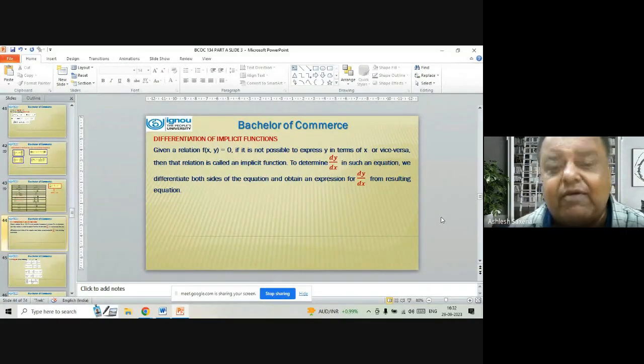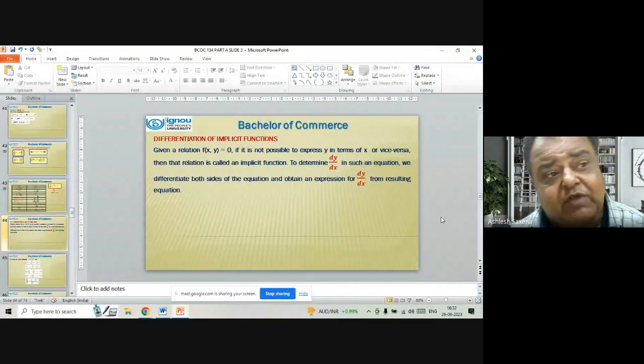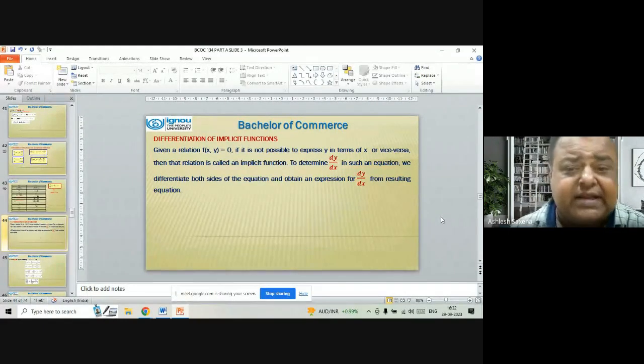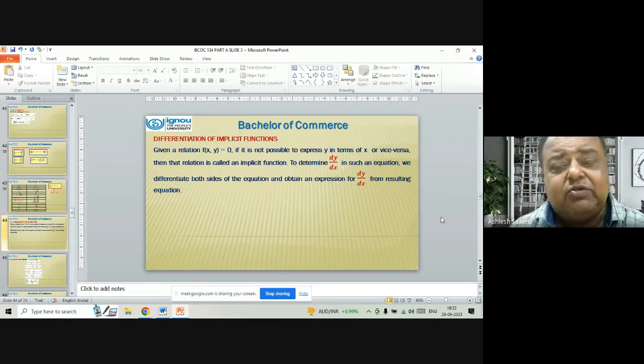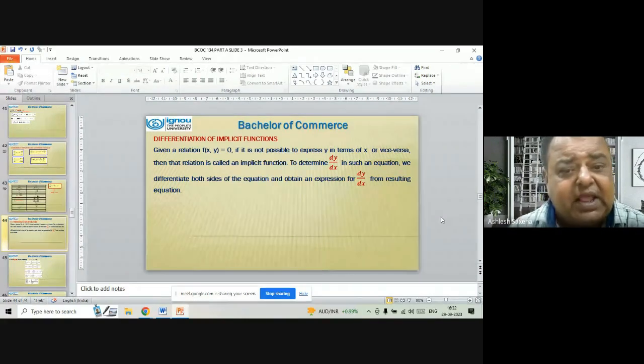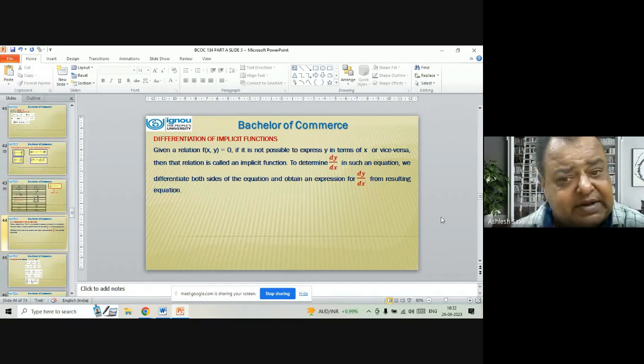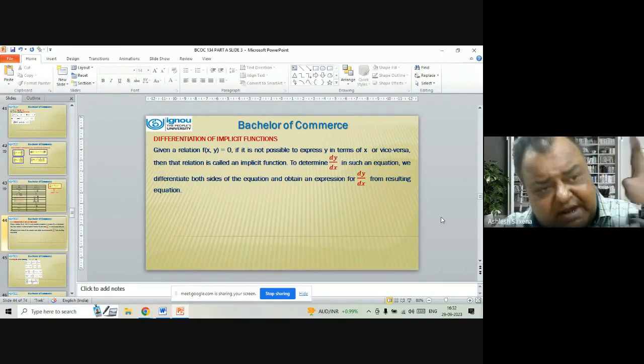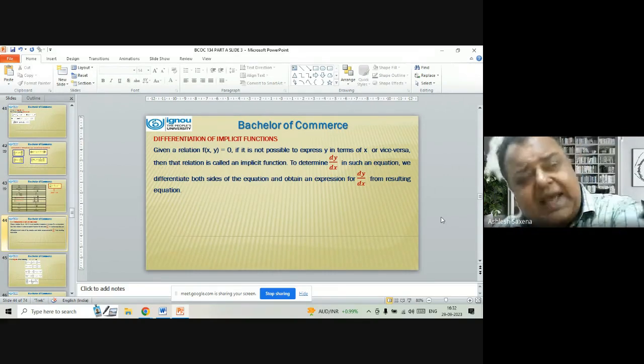In mathematical form, you can see a relation f(x, y) equal to 0. That means a function which consists of x and y both. If it is not possible to express y in terms of x, then the relation is called an implicit function. To determine dy by dx in such an equation, we differentiate both sides of the equation and obtain an expression for dy by dx from the resulting equation. That means we will be transferring all dy by dx terms to the left hand side and bringing all x terms to the right hand side.